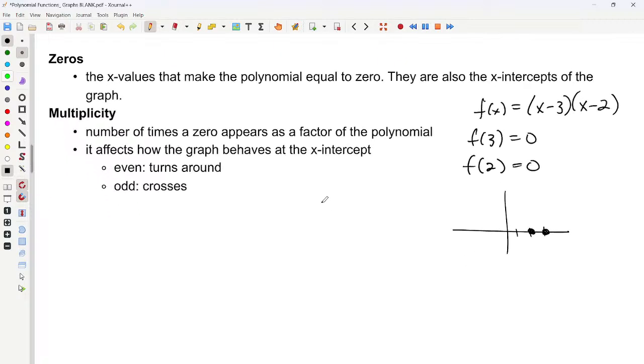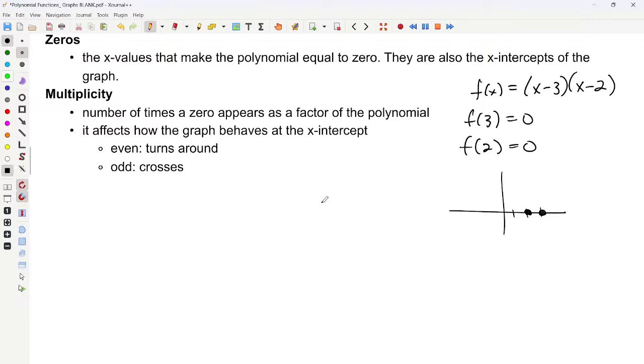Multiplicity, long story short, refers to how many times a 0 is repeated. Really quick example. We're going to look at putting exponents on these groups. Now, we're going to say 3 is still a 0, because if you input 3, it outputs 0.